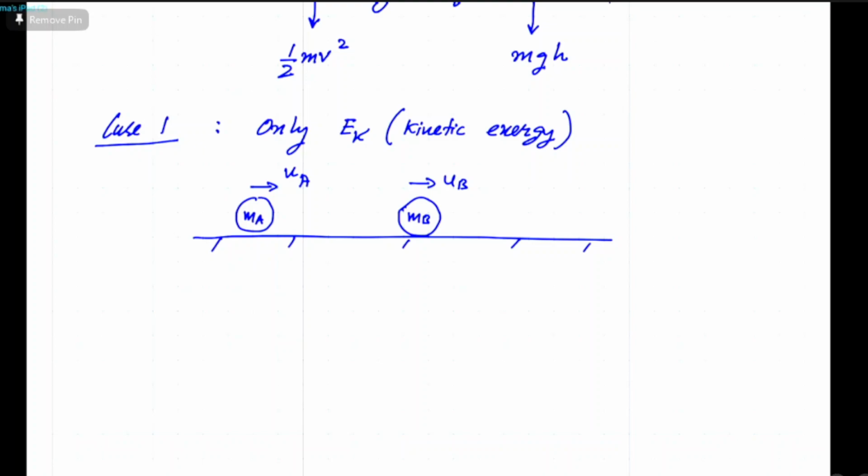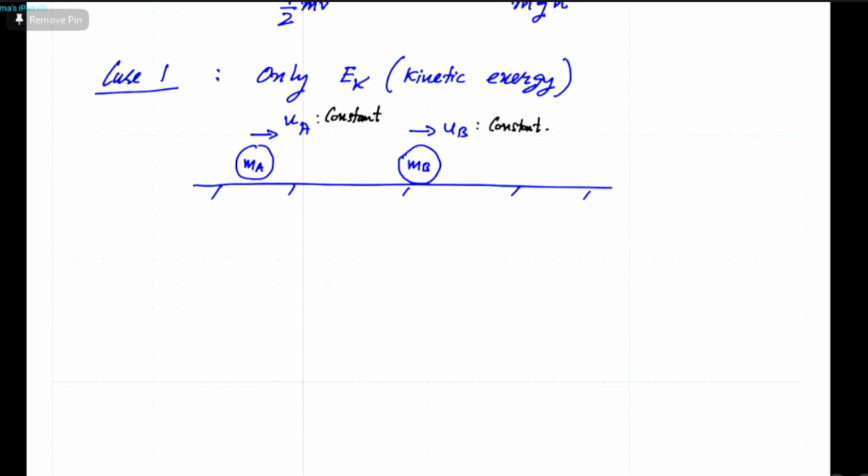Now, this UA velocity is a constant velocity. This UB is also constant. Okay. UA also constant, UB also constant.